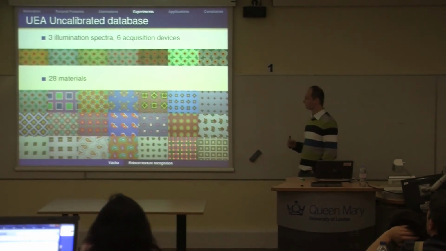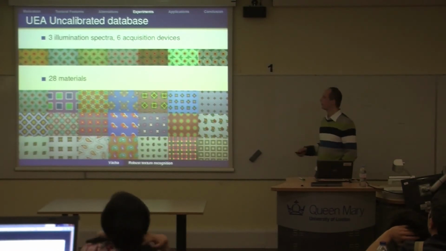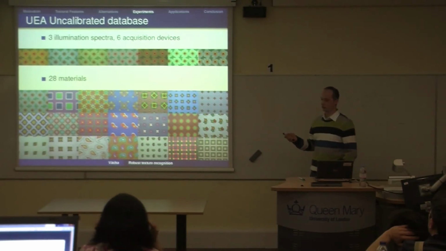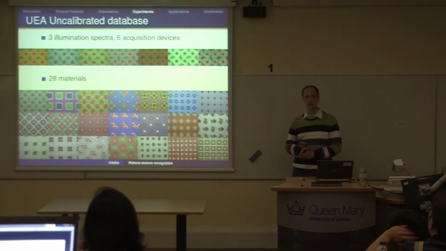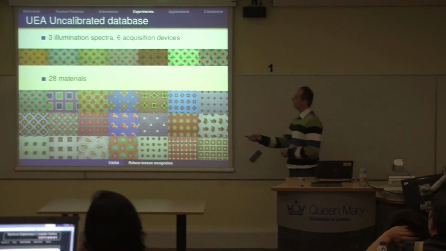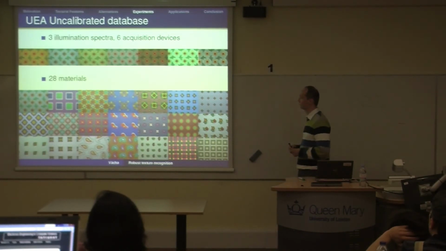I will start with the database from University of East Anglia, which consists of 28 patterns that were acquired with 6 acquisition devices, either scanners or cameras. And you can see that this one material has quite significant changes in appearance.